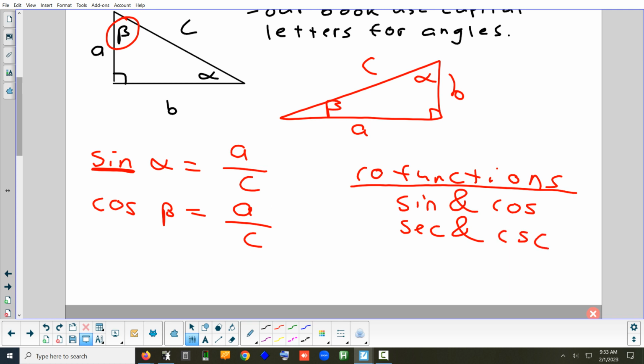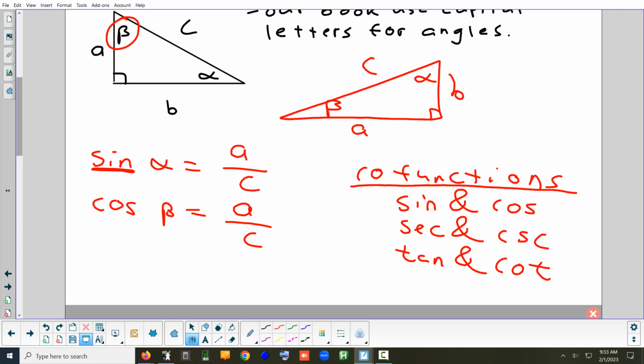And there's one more. Tangent. What function do you think would be the co-function for tangent? Cotangent. So these are what we call the three pairs of cofunctions in trig. Sine, cosine, secant, cosecant, tangent, cotangent.